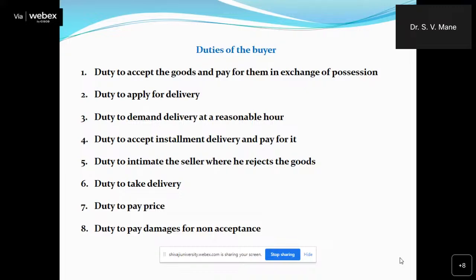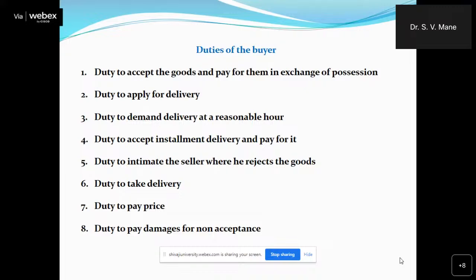Then duty to accept installment delivery and pay for it. In case of a contract of sale where it is agreed between the parties that delivery is on installment basis, it is the duty of the buyer to accept the installment delivery.